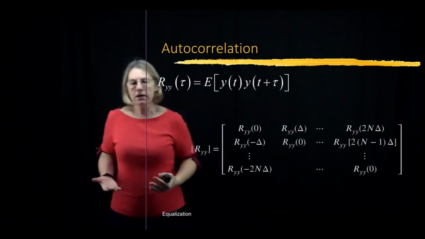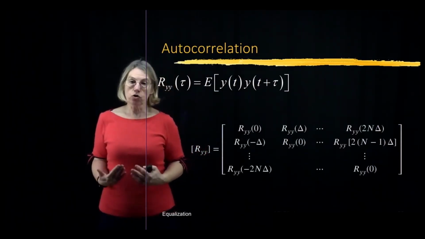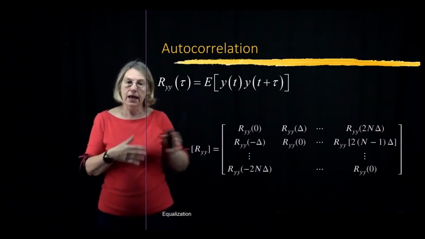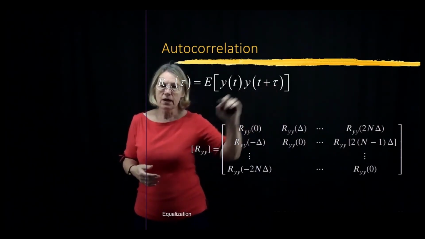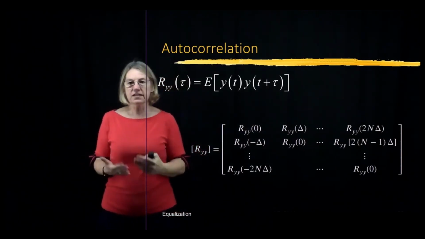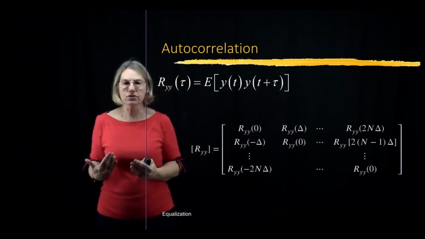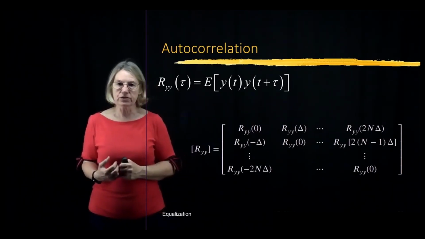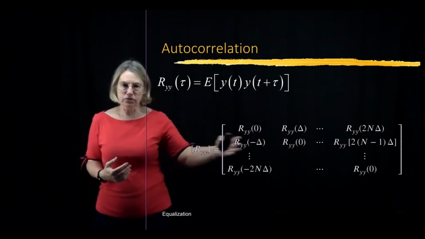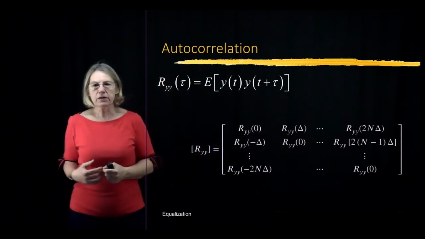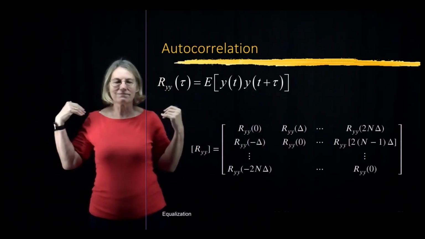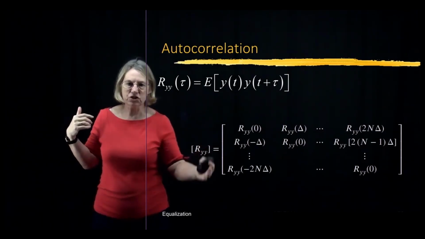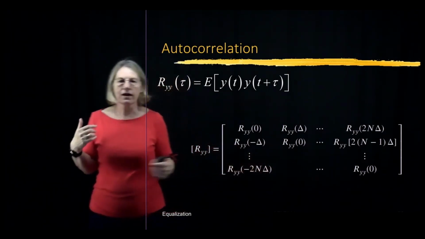Now I can define the same operation as an autocorrelation. I look at how correlated the received signal is with itself, and I make that a function of tau. Again, I want to relate this to what I'm seeing inside my equalizer, so I sample at the same rate as my equalizer is running. Because my equalizer has 2n plus 1 taps, I have a 2n plus 1 by 2n plus 1 matrix.